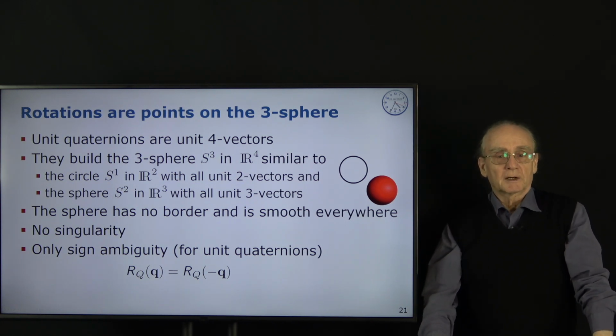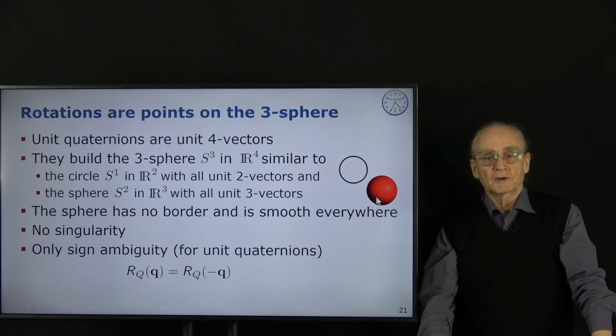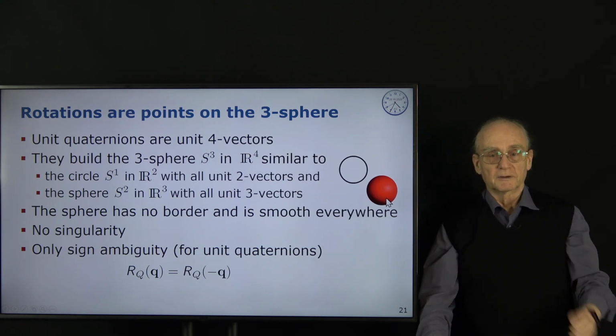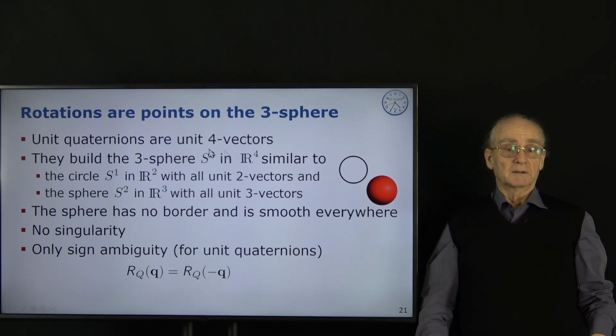The main thing why I discuss this is that the circle and the sphere have no boundary. That means there is no place where you don't have any values close to some value. If you have a unit vector here, there are unit vectors close to it. That's the same in 3D.